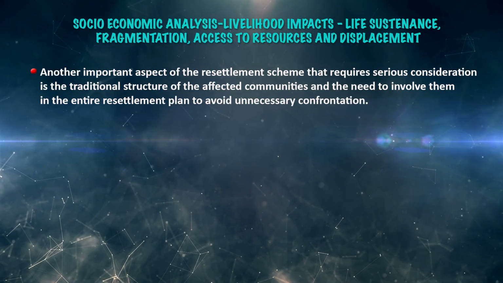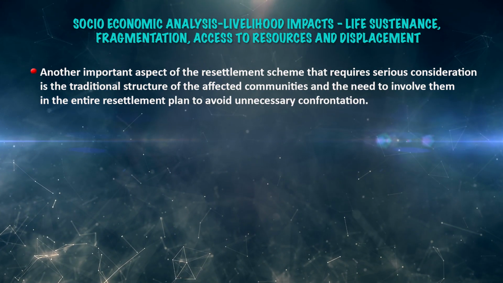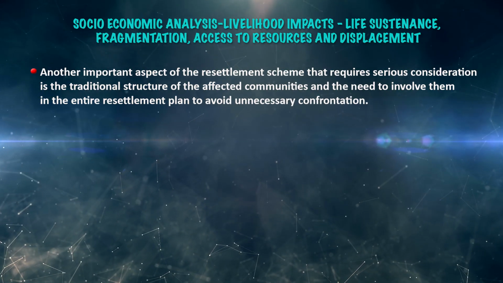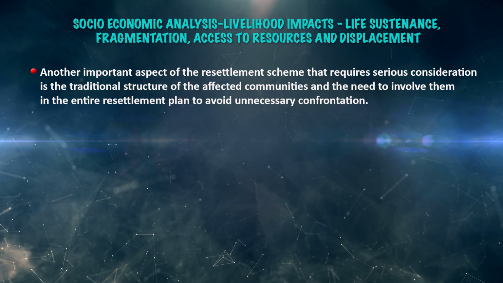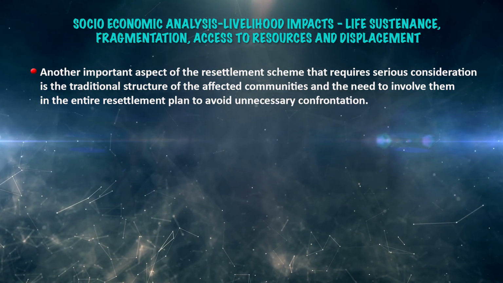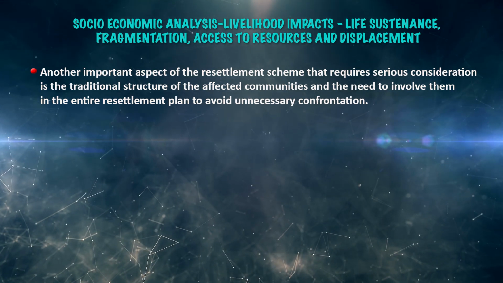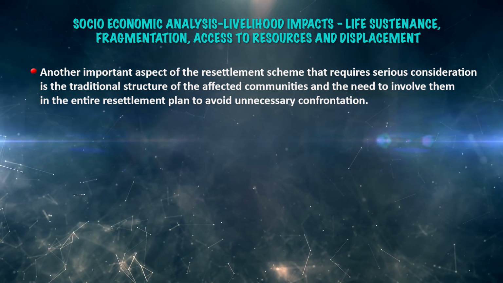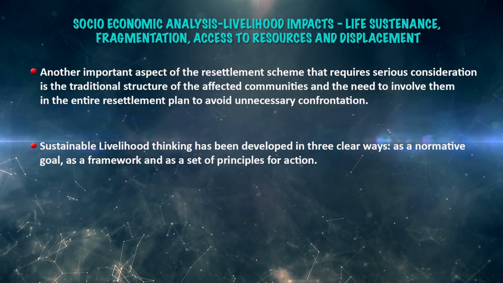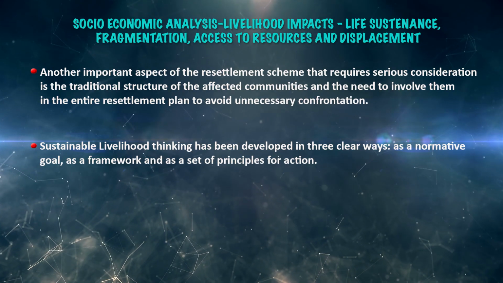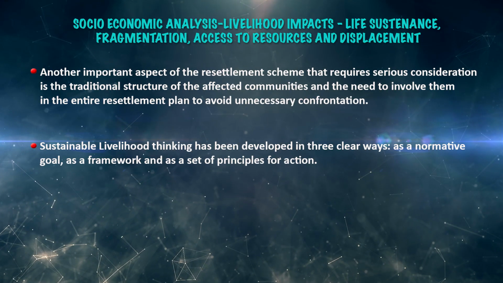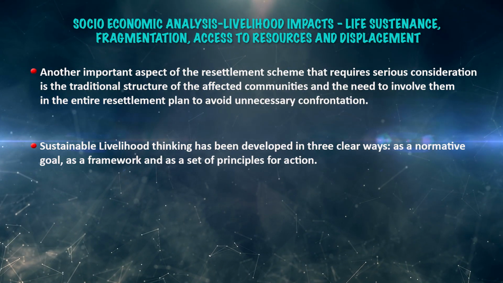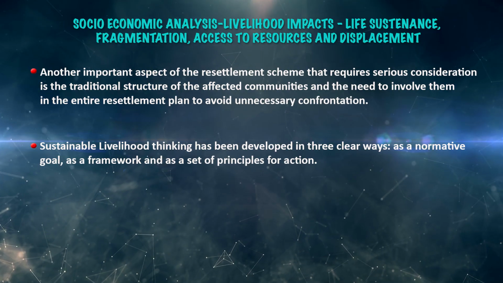And another important aspect of the resettlement scheme I would like to put forward, which requires serious consideration, is the traditional structure of the affected communities and also the need to involve them in the entire resettlement plan to avoid unnecessary confrontation. Sustainable livelihood thinking has been developed in three clear ways: as a normative goal, as a framework, and as a set of principles for action.